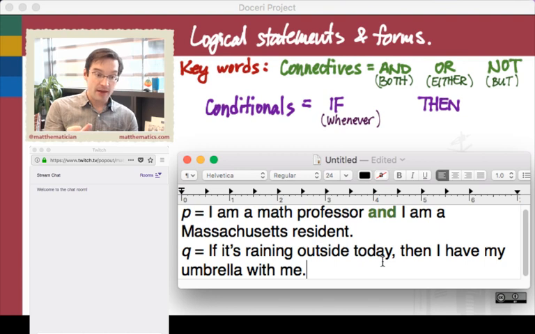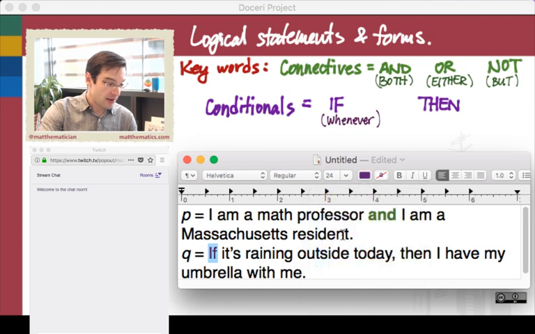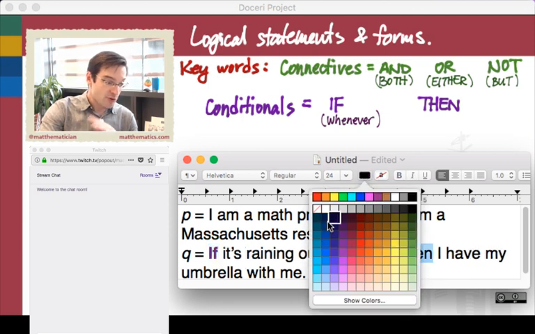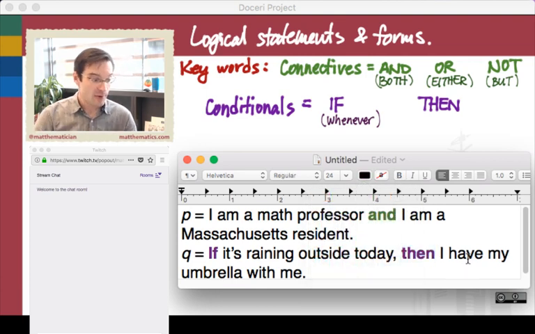So words like if and then can indicate a type of logical structure that can exist inside of a statement. In my second statement Q, I'm seeing that if show up right there at the beginning. It's truly a conditional if the if is paired together with a then. If it's raining outside today, then I have my umbrella with me.